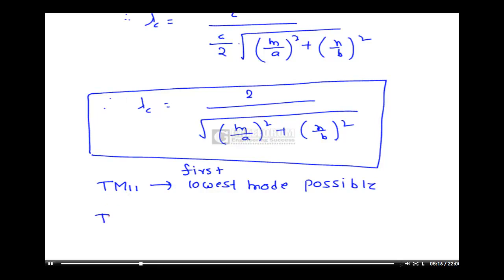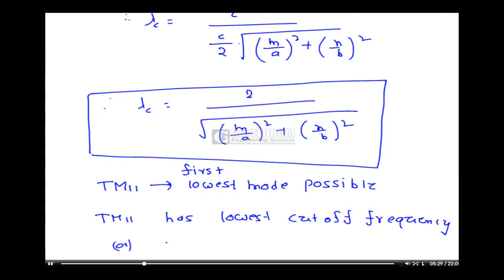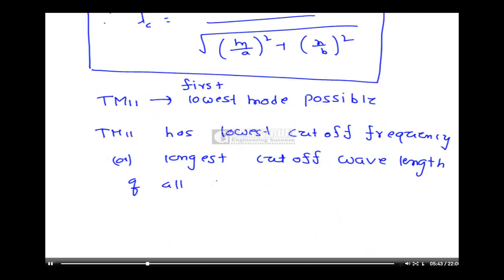Therefore, TM11 has the lowest cutoff frequency, or longest cutoff wavelength, of all TM modes.